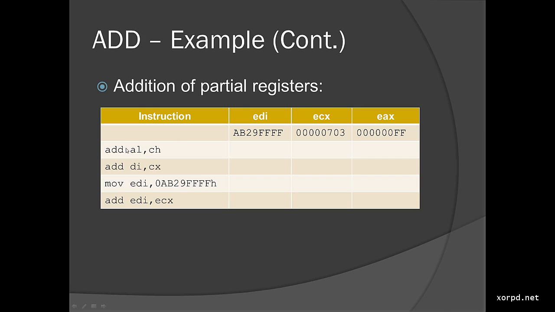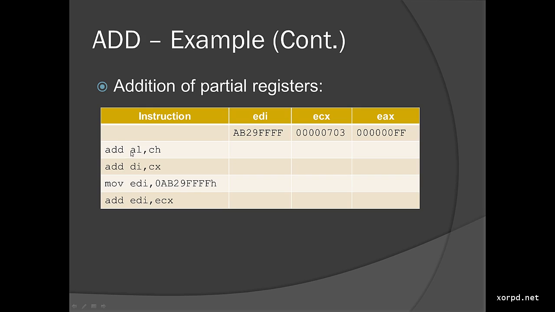The first instruction, add AL, CH. AL is the lowest part, which is FF, and CH is this 7. So what do you think is going to happen here? We're actually going to add 7 and FF, which is going to result in a wraparound.